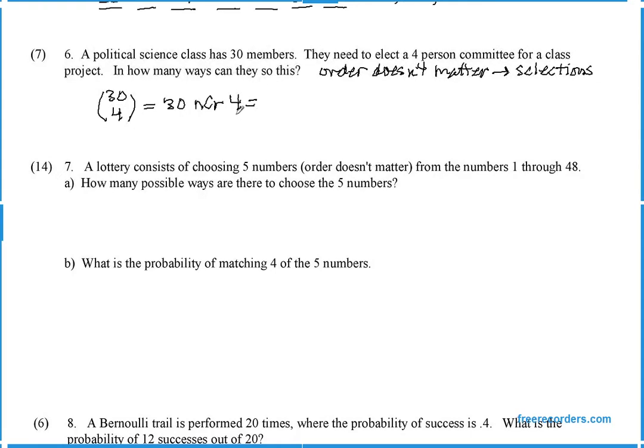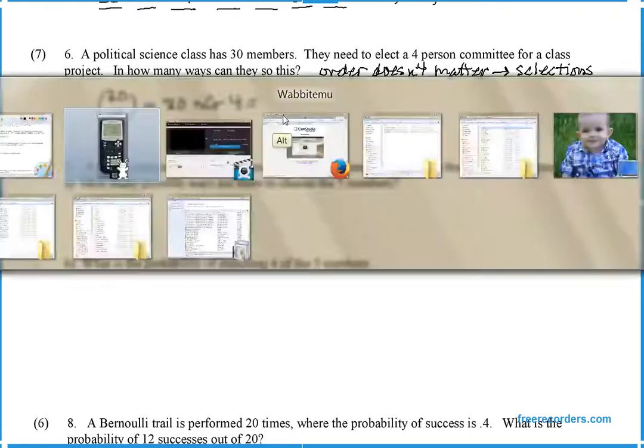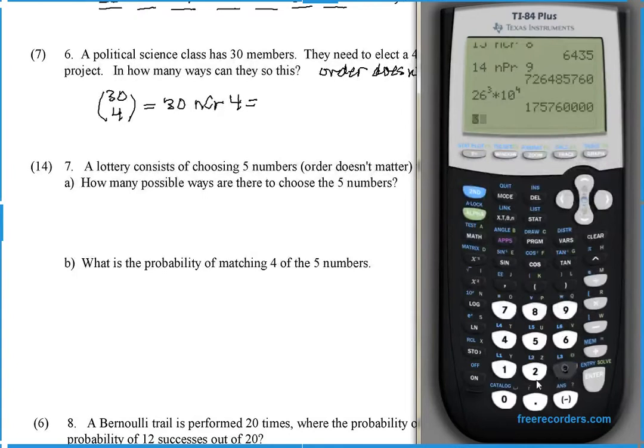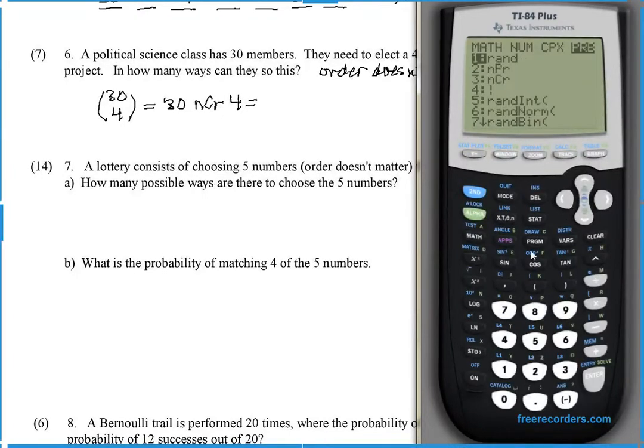Let's go ahead and key that in. So 30, we're going to math, probability. nCr is option 3, and then 30 nCr 4 is 27,405.